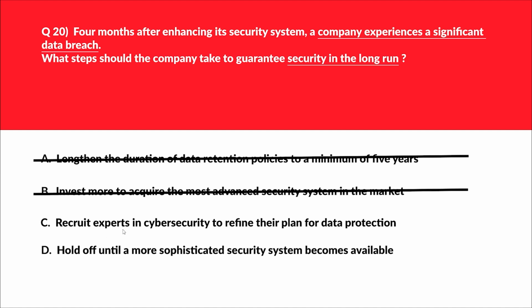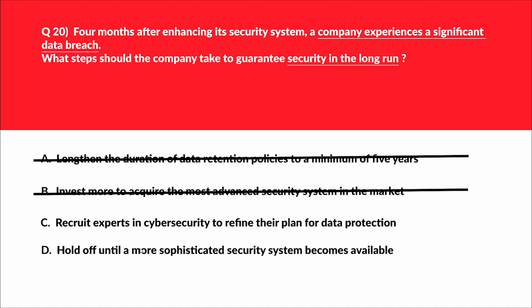C says recruit experts in cybersecurity to refine their plan for data protection. Having cybersecurity experts who can continuously monitor, update, and improve the security plan is crucial for long term security. This can be the potential answer. We'll park this. We'll move to option D. D says hold off until a more sophisticated security system becomes available.